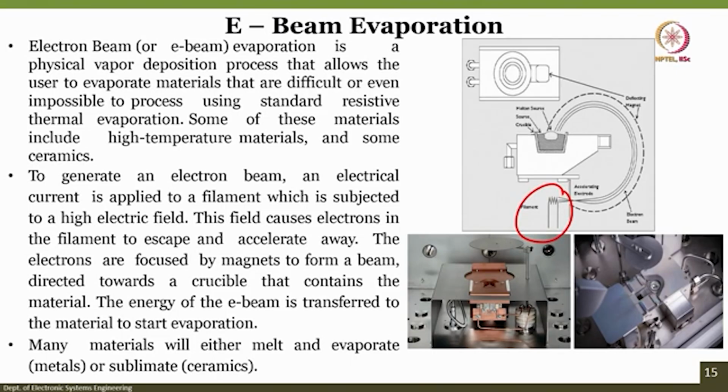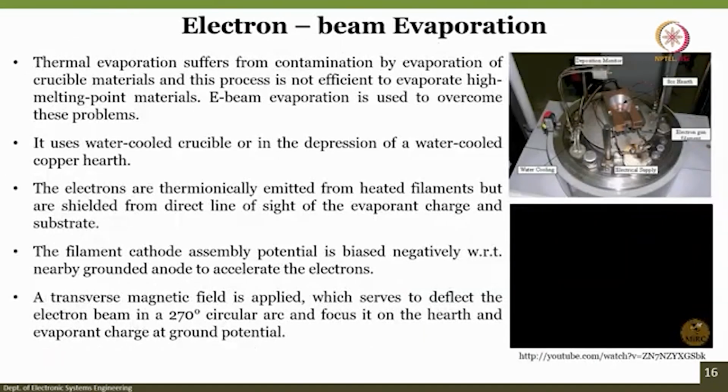This causes the electrons in the filament to escape and accelerate with the help of accelerating electrodes. The electrons are focused by magnets to form a beam directed towards the crucible that contains the material here. The energy of the e-beam is transferred to the material to start evaporation, and many materials will either melt or directly sublimate.